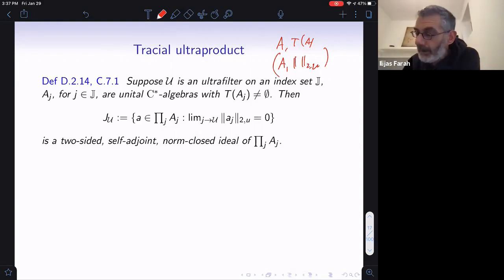So this is just a special case of more general definitions. Suppose that U is an ultrafilter on some index set, and A_j are unital C*-algebras with non-empty tracial simplices.